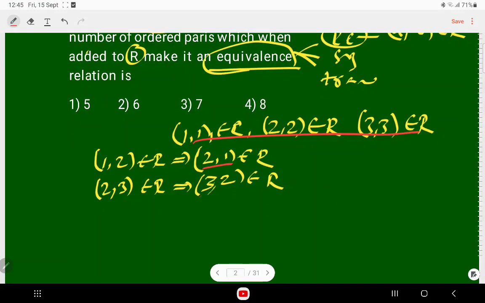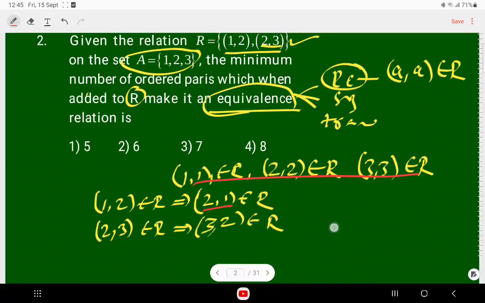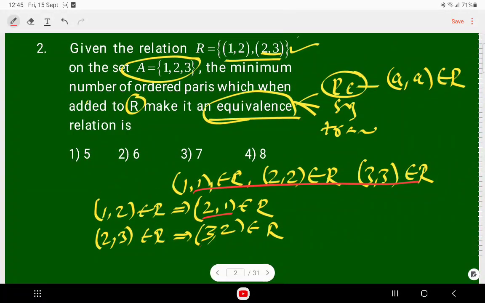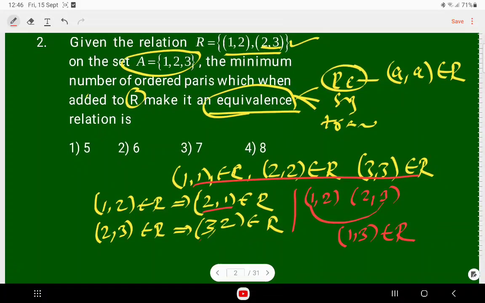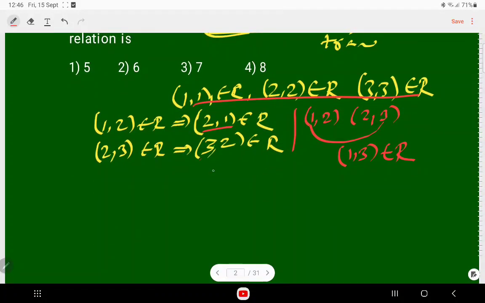Now we have to check one more, that is transitive. For a transitive relation, observe here: (1, 2) in R and (2, 3) in R, so (1, 3) also must be in R. Here (1, 3) is not in R, so we must take (1, 3) also in R. If (1, 3) is in R, definitely (3, 1) also must be in R, then only it is symmetric.